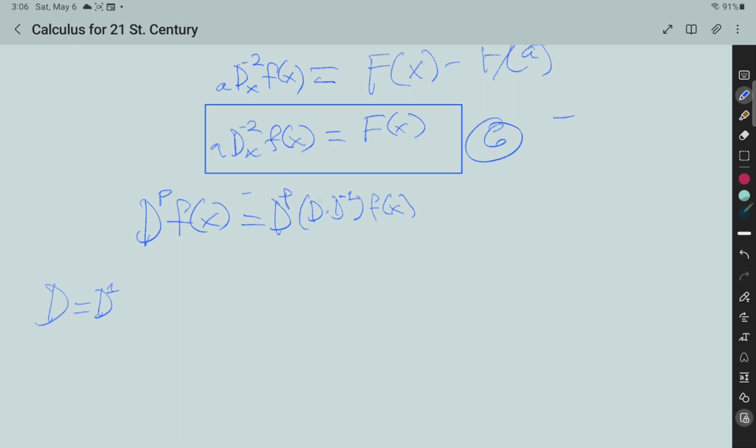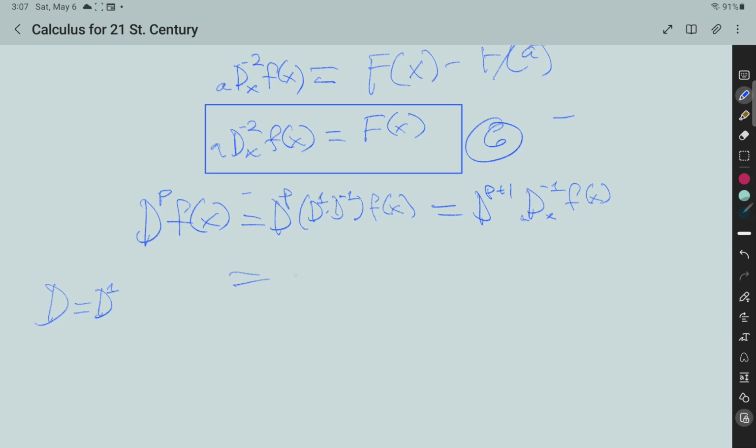Okay, so this is the 1 here. Now I'm going to combine the p and the 1 together. So d of p plus 1 times d a to the x minus 1 f of x. Okay. And then I can always insert another d to the 1 and d to the minus 1.